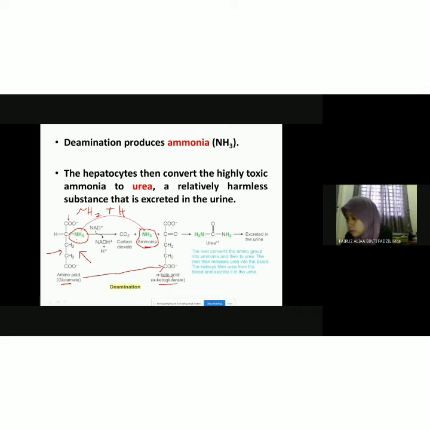So when glutamate loses the amino group, it becomes alpha ketoglutarate. Do you remember what process alpha ketoglutarate is used in? Yes, the Krebs cycle.